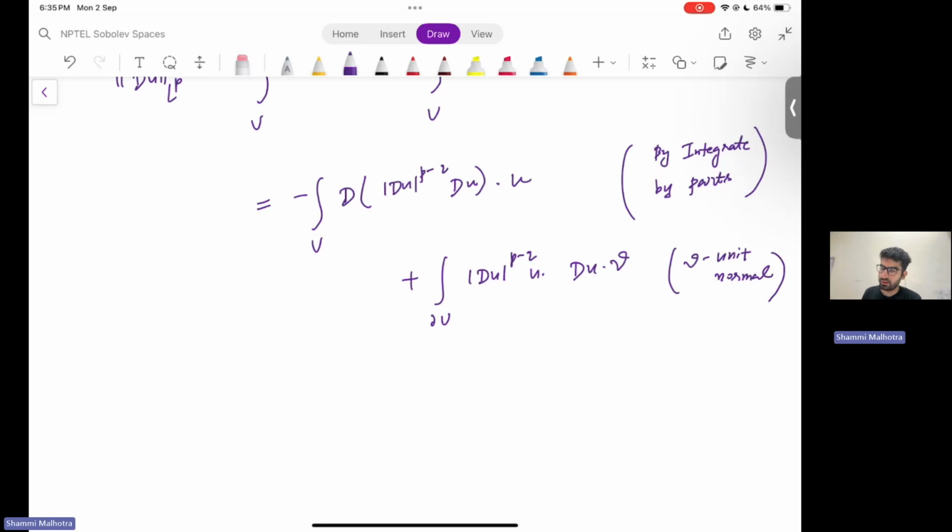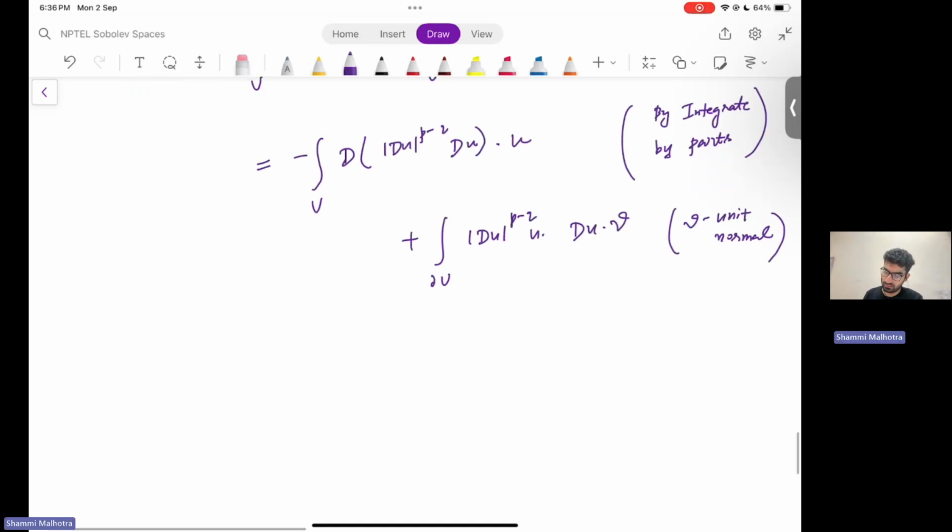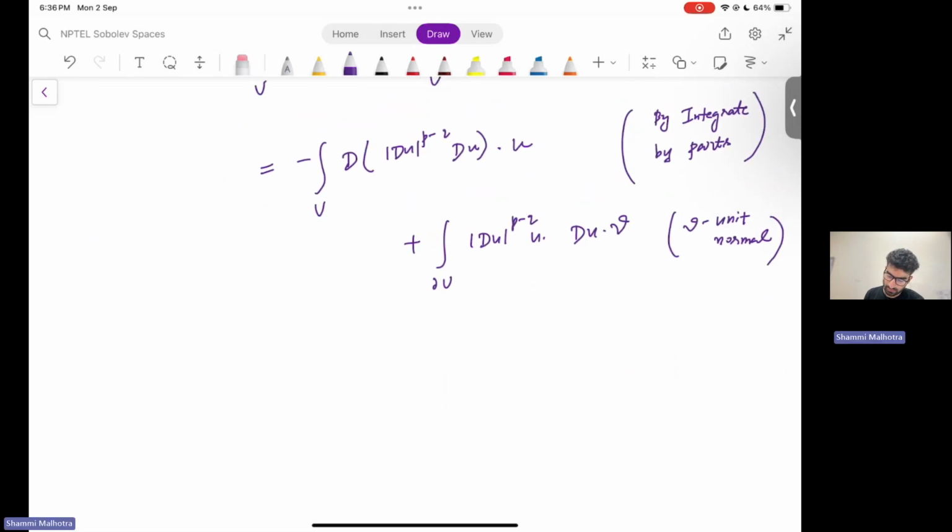This will be different for each x, but I am not writing it, but one can assume that it is actually changing with respect to the point which I'm considering on the boundary. But since u is 0 on the boundary, the boundary term vanishes, and ultimately we have this minus u.